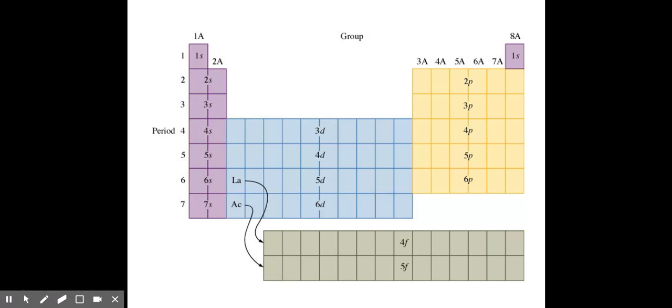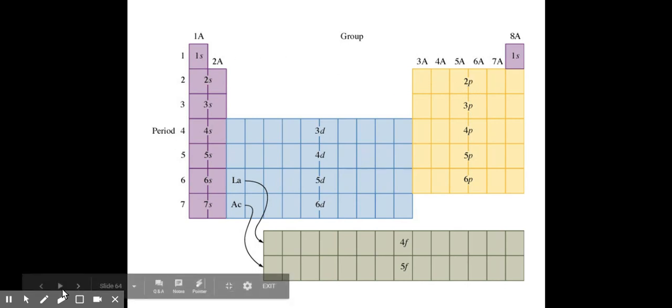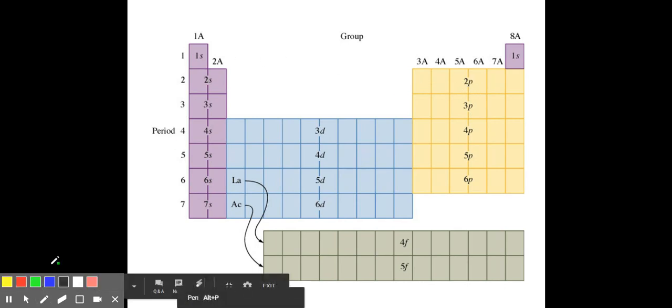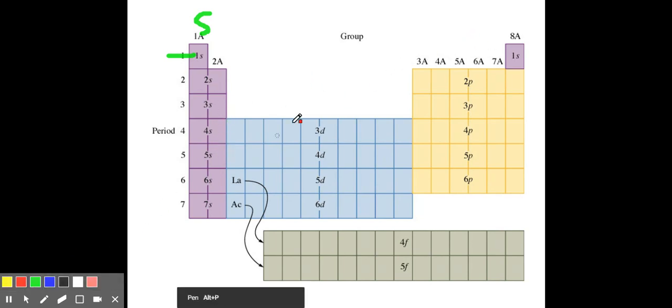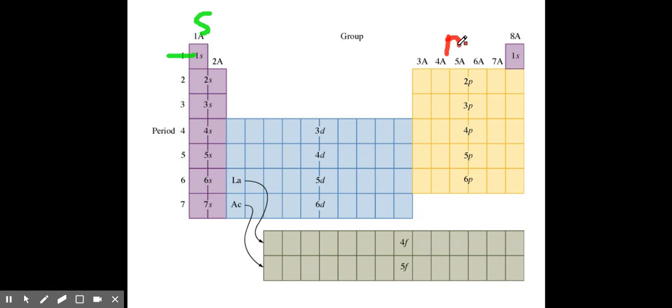So the best way to remember the electron configurations on the test is just to take a look at the 1s, the 2s, and the 2p right here. What happens is the electrons will build just the same way, from the top down to the bottom. So we'll start here at 1s, and remember that this is the s block. These first 2 groups are the s block, and this part over here is going to be the p block.